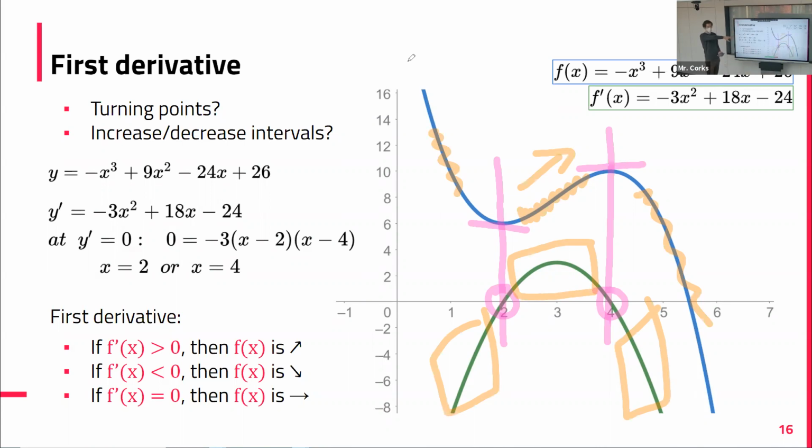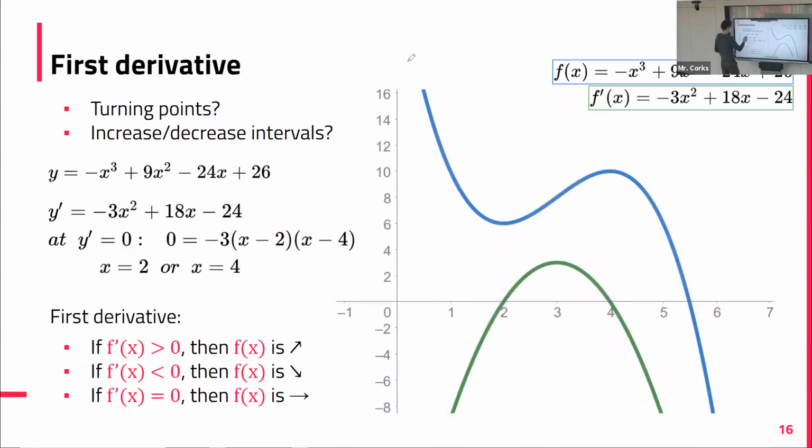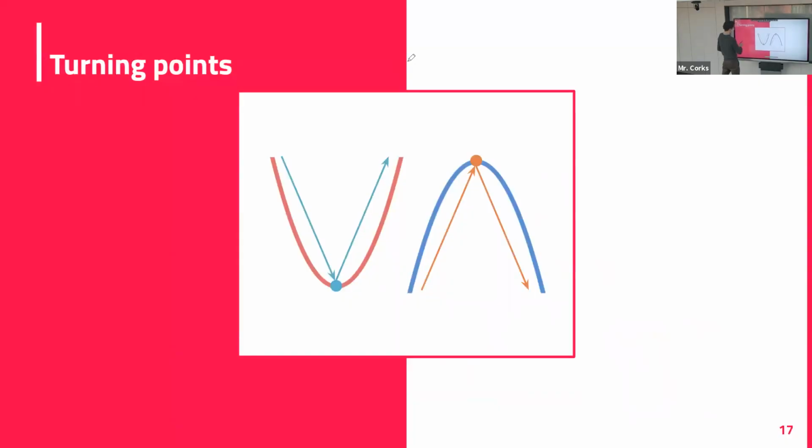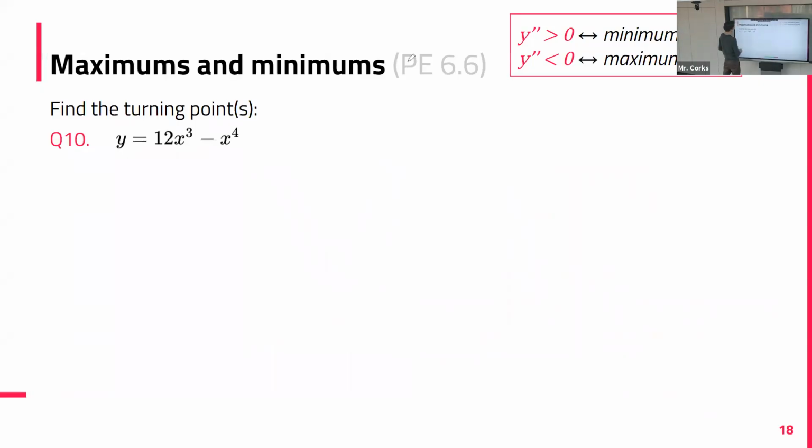Okay, so when we add the second derivatives, things get a little more complicated, which we'll get to in a moment. Actually now. Okay, so let's do our whole turning points process again for this function and include your second derivative tests.